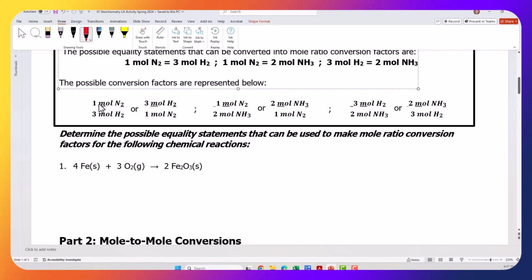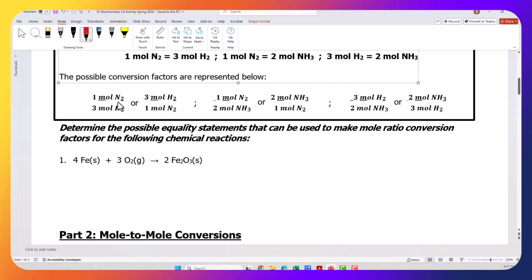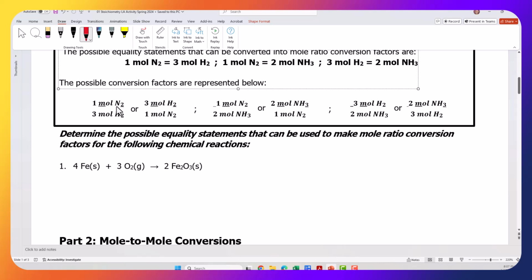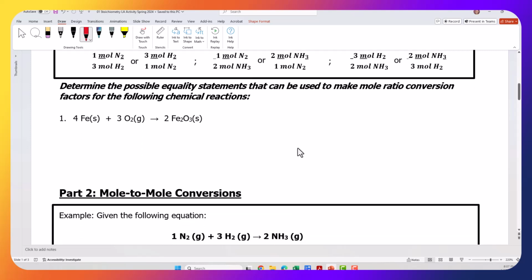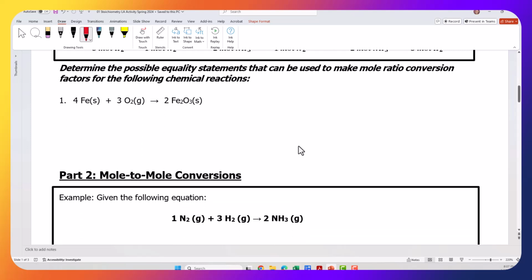And all they did was just invert it from one to another depending on what it is that you're looking for. So 1 mole of nitrogen over 3 moles of hydrogen, or 3 moles of hydrogen over 1 mole of nitrogen. And it did it for all three components. So now we have this particular reaction, and we're going to do the same thing.